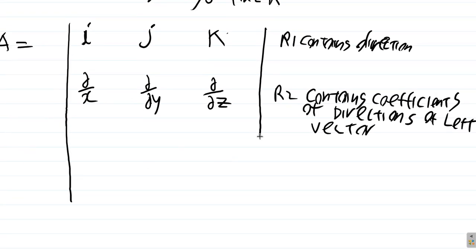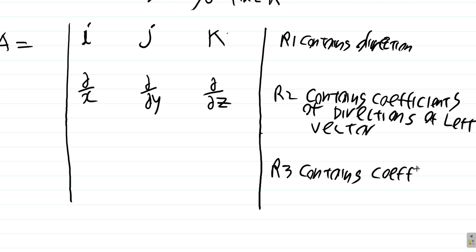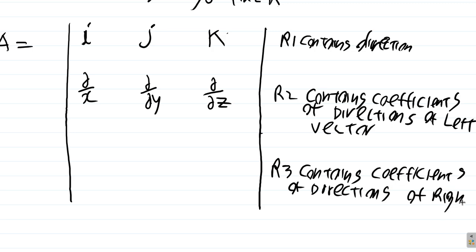And then row 3 contains coefficients of the directions of the right vector.